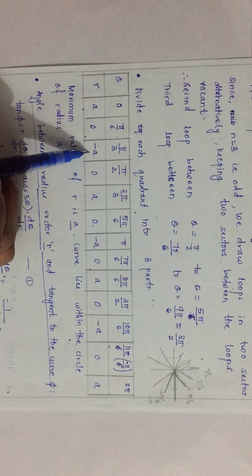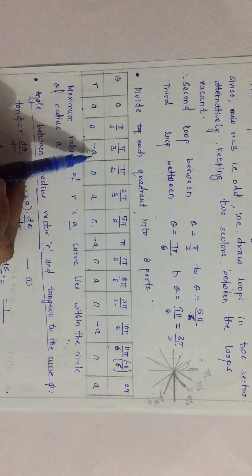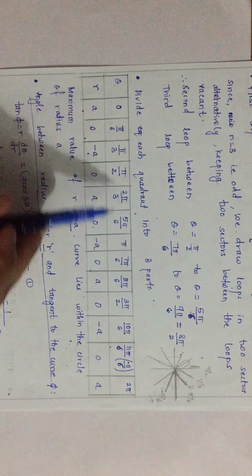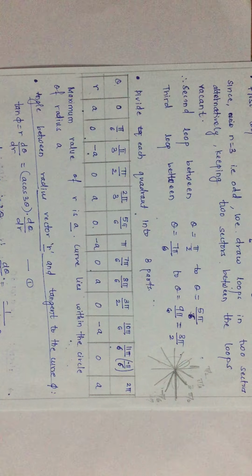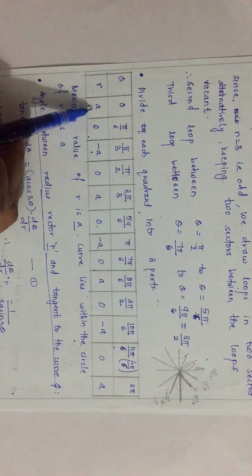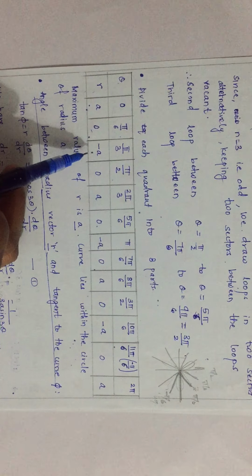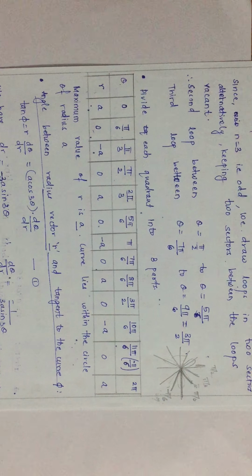We have written a note that even though it is minus a, this is nothing but a radial distance in the opposite direction. Accordingly, for all values of theta we observe the values of r. We also observe that the maximum value of r here is a, whereas the minimum value is 0. So obviously this curve will lie within a circle of radius a.